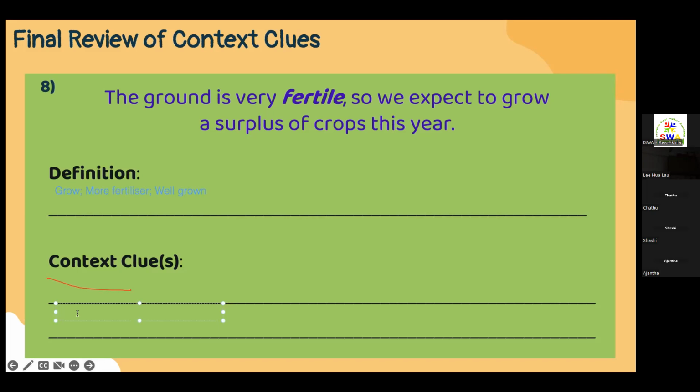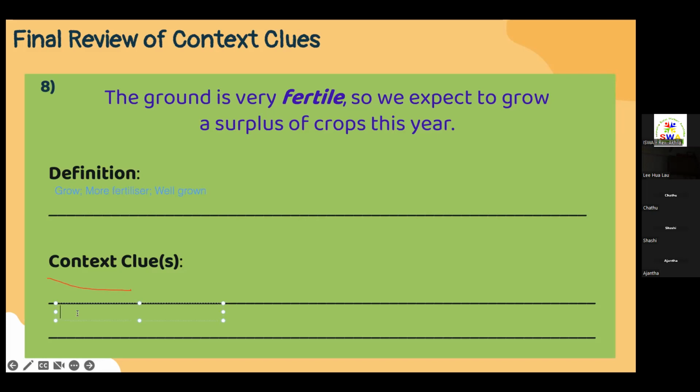It's not exactly helping words or logic, because although the ground is very fertile, there might not be a surplus of crops, because there are other things that come into play, right? You have the weather, you have the fertilizer and all that.